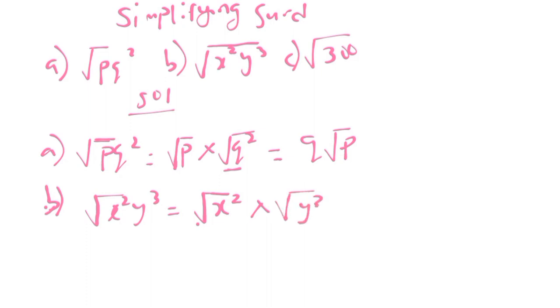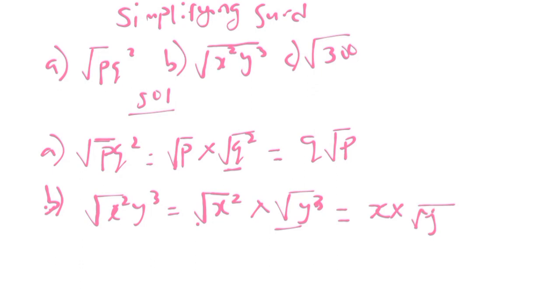So let's simplify this. I can take the square root of x squared because it's carrying a square. The square root of x squared will be x. And now I have y raised to the power of 3. Now if you look at this part, you know that it's not a square term.